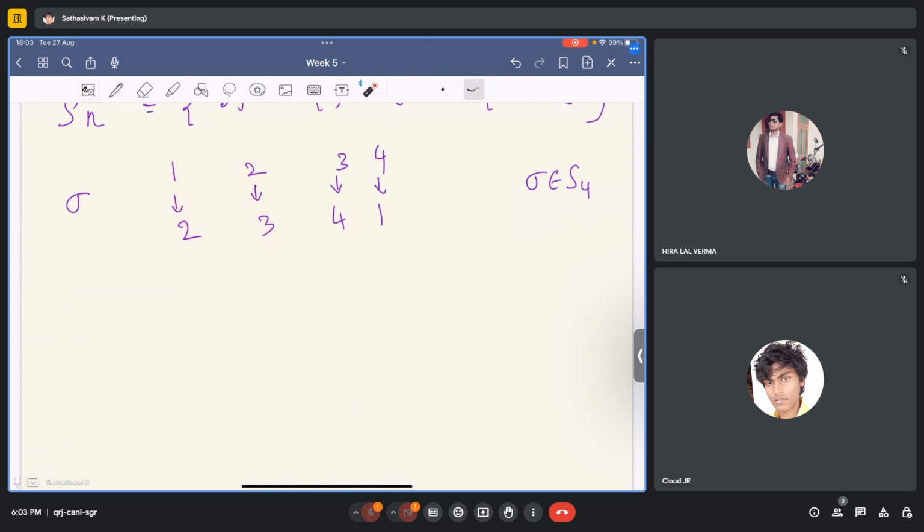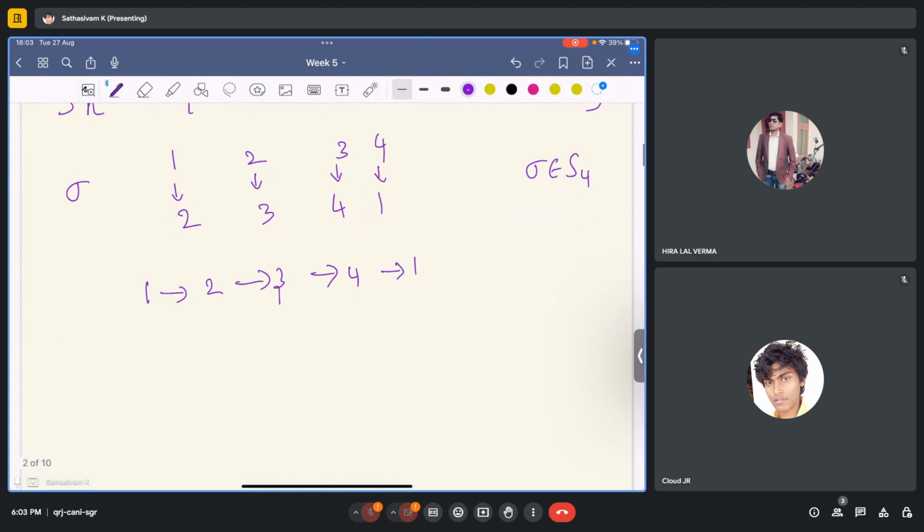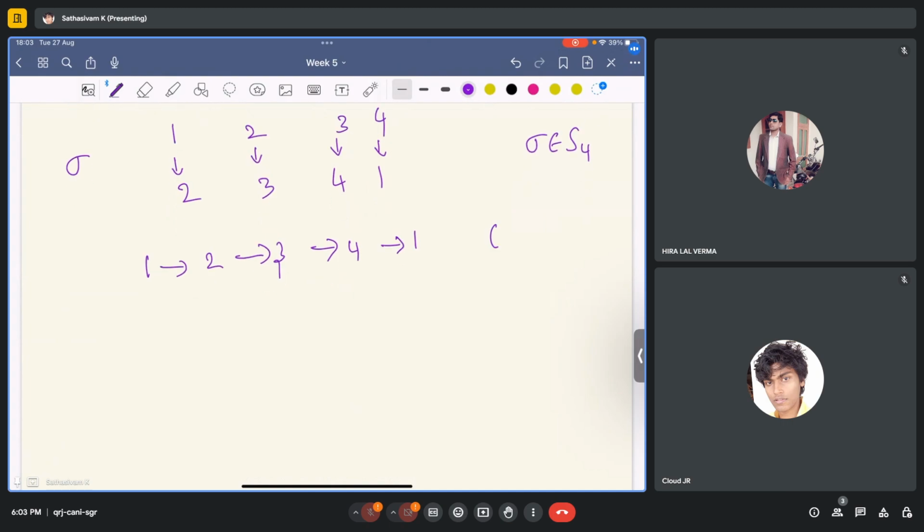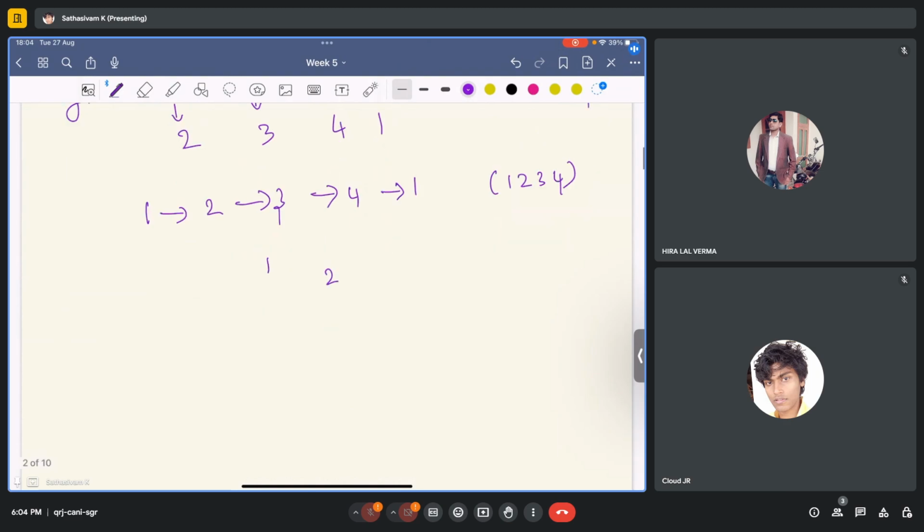Then 3 goes to 4, and 4 goes back to 1. So you can see it as a cycle, 1, 2, 3, 4.